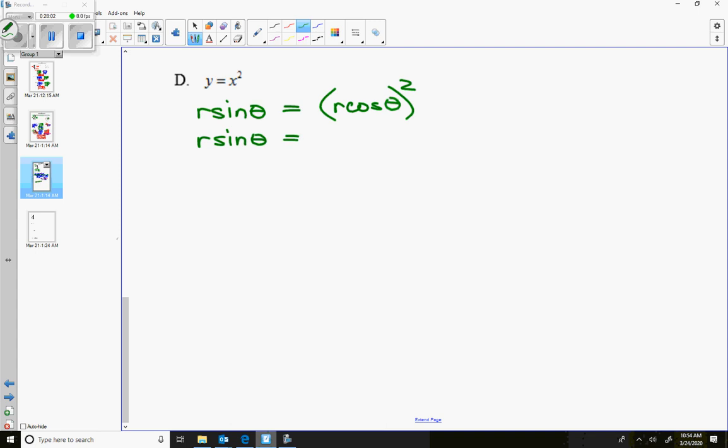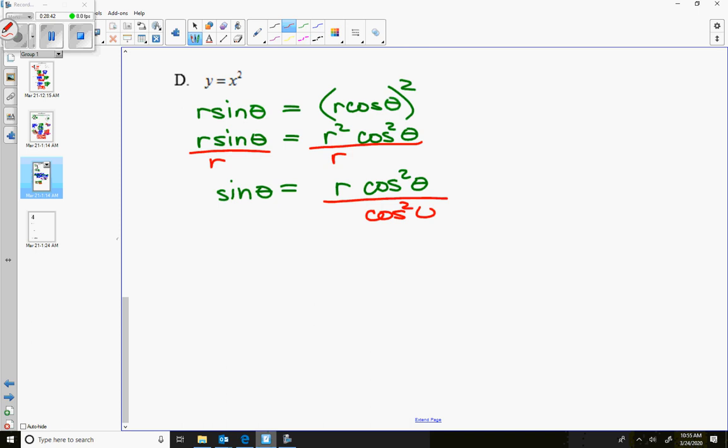R sine theta equals r squared cosine squared theta. Now, these aren't matching up quite so nice, but we can go ahead and just simply divide both sides by r. So, sine theta equals r cosine squared theta, and generally want to solve for r. Let's just divide both sides by cosine squared theta.